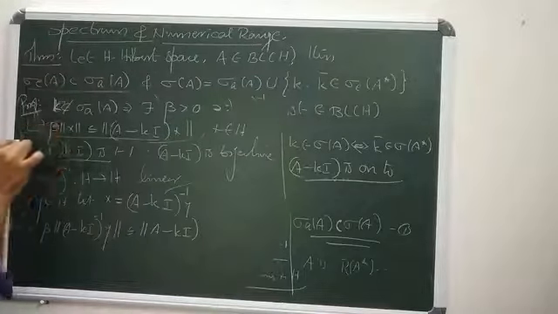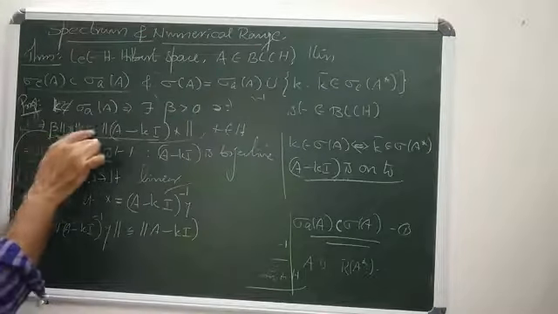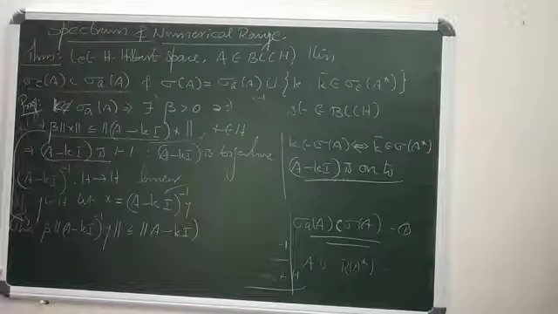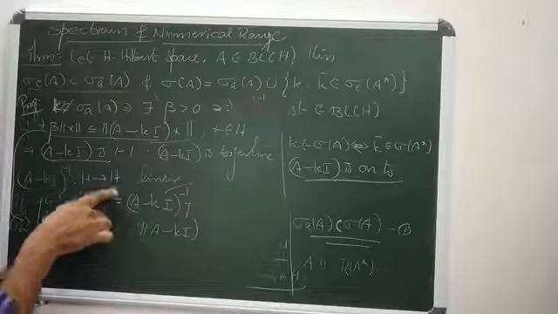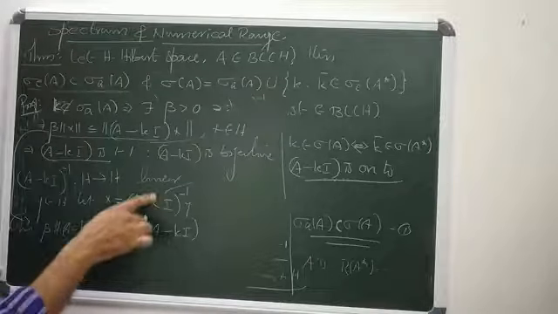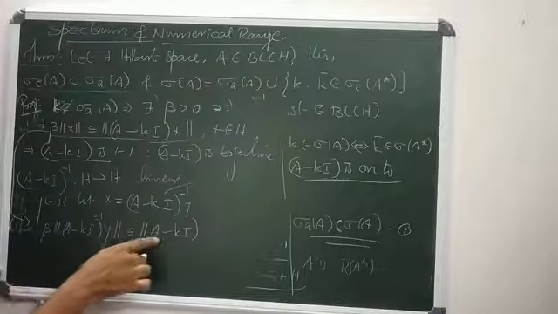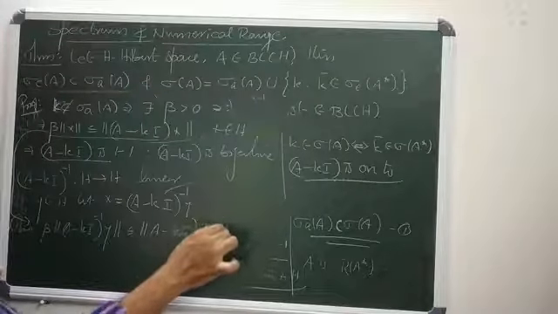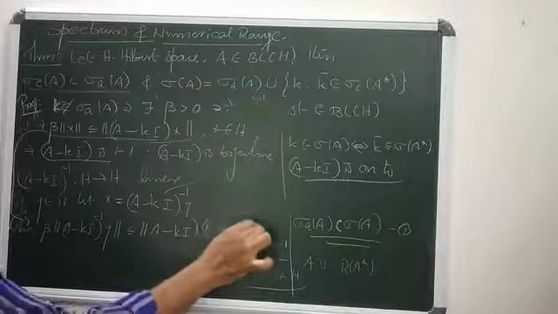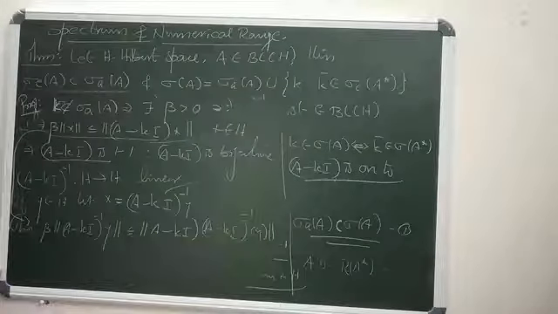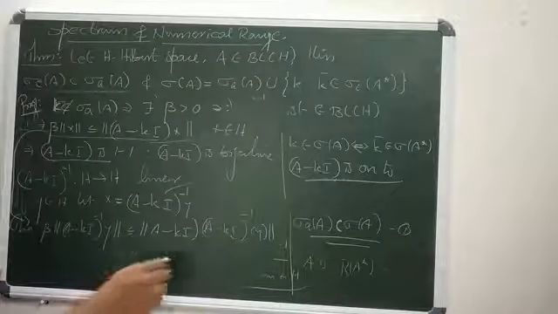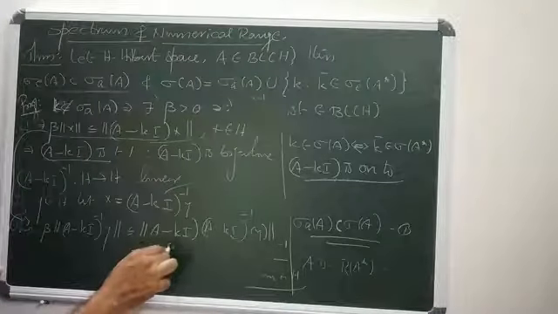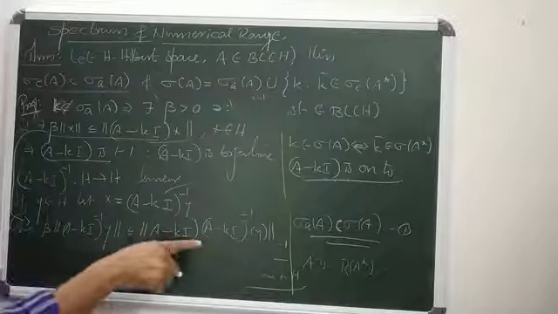This becomes beta norm x less than or equal to norm of (A minus K I) x, but x is defined as this one. So beta into norm of (A minus K I) inverse of y is less than or equal to norm of (A minus K I)(A minus K I) inverse of y. That is equal to norm y, by the identity.